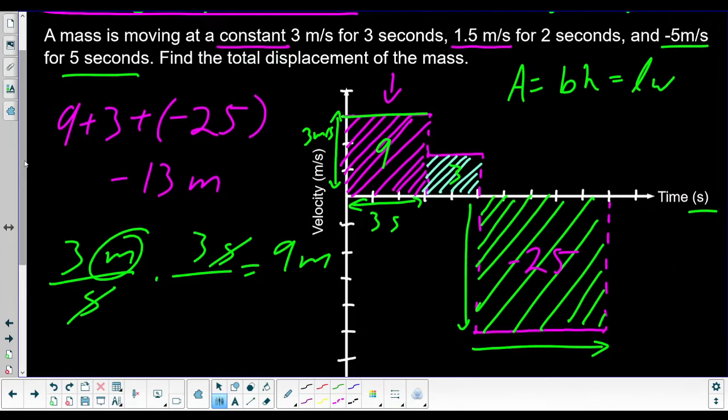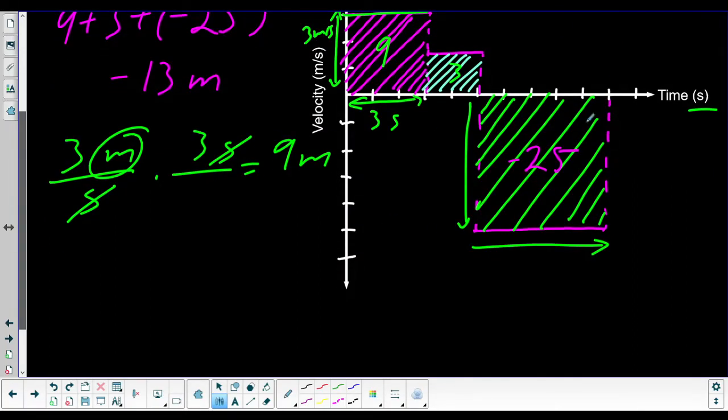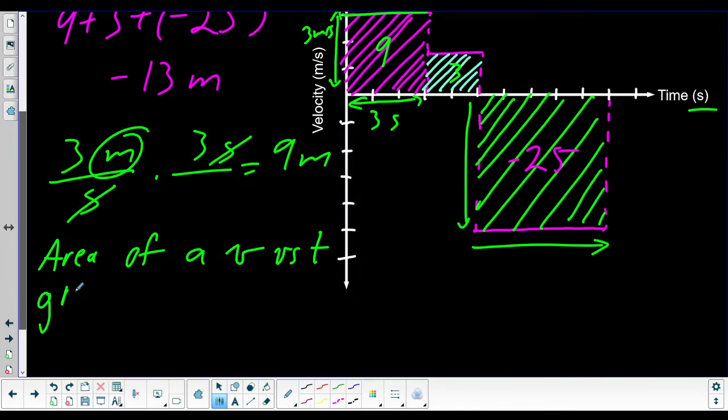An important note that we should make here. This process cannot tell you, let's write this down, area of a V versus T graph equals change in position or displacement.